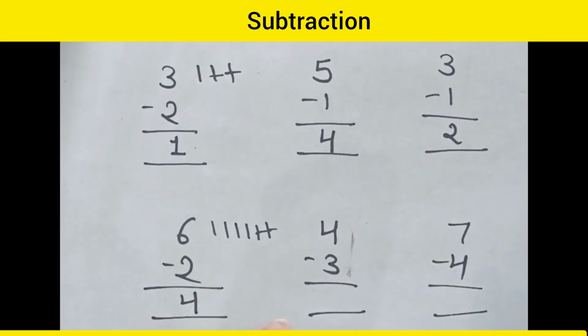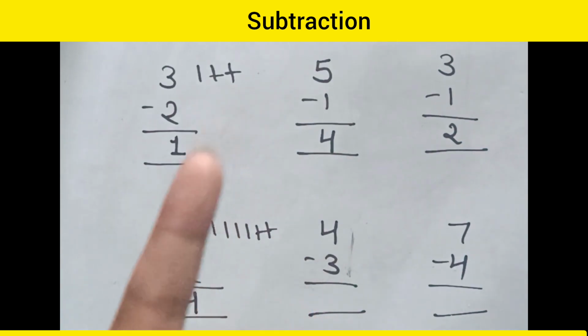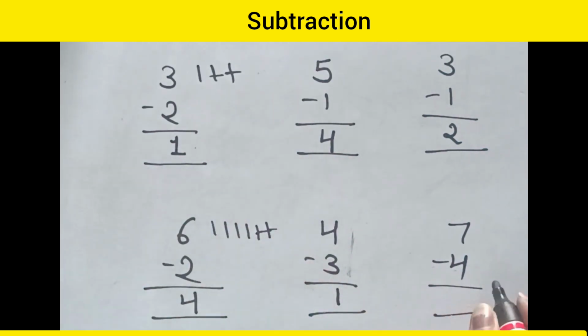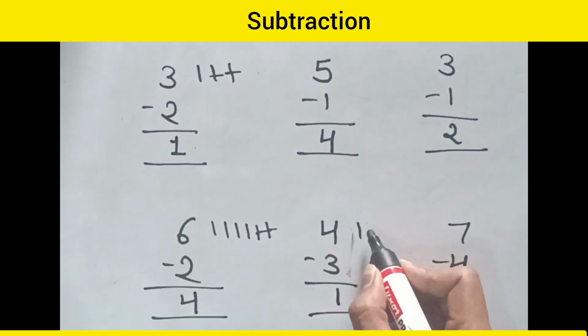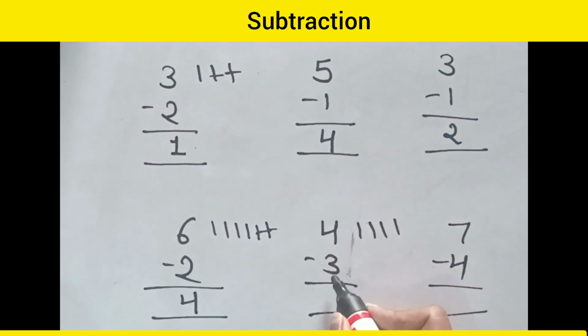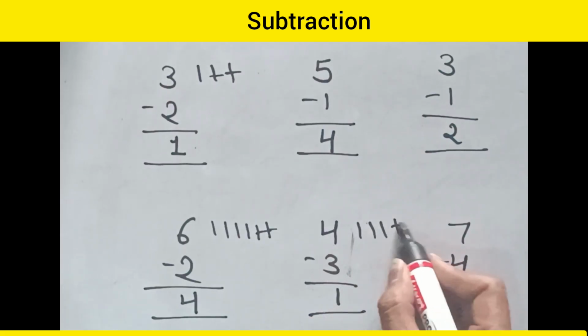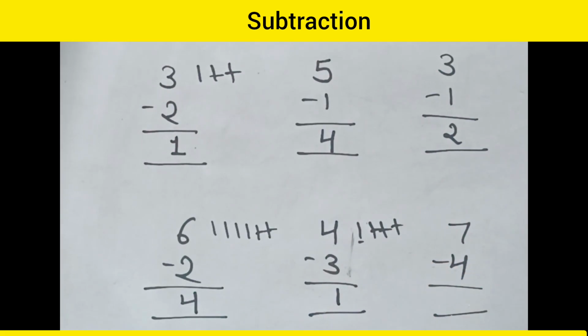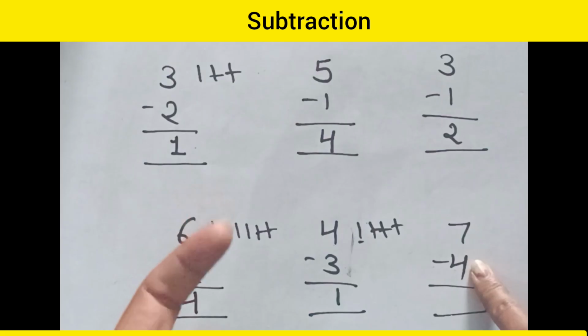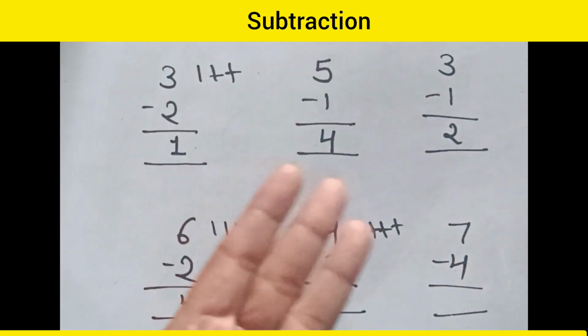So how much do we have now? 3 and 4. Only 1. Check with the line method. 1, 2, 3, 4. How much do we have to cut? 3. 1, 2, 3. Only 1 we are left with. Now again forward counting. After this number 4, 5, 6, 7. We have 3.